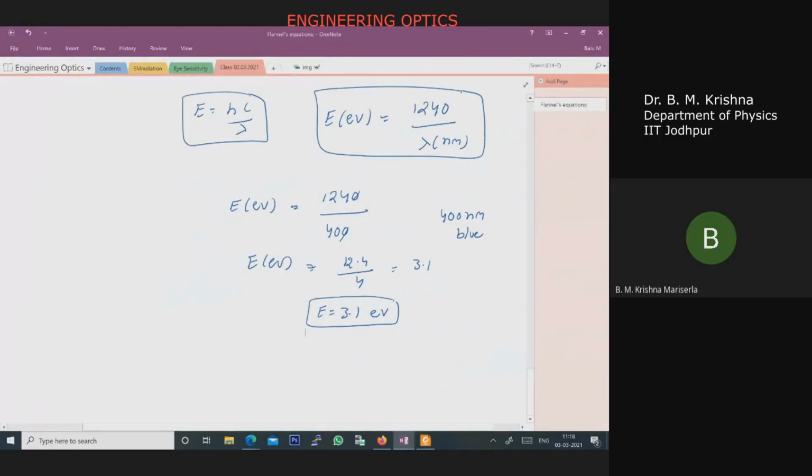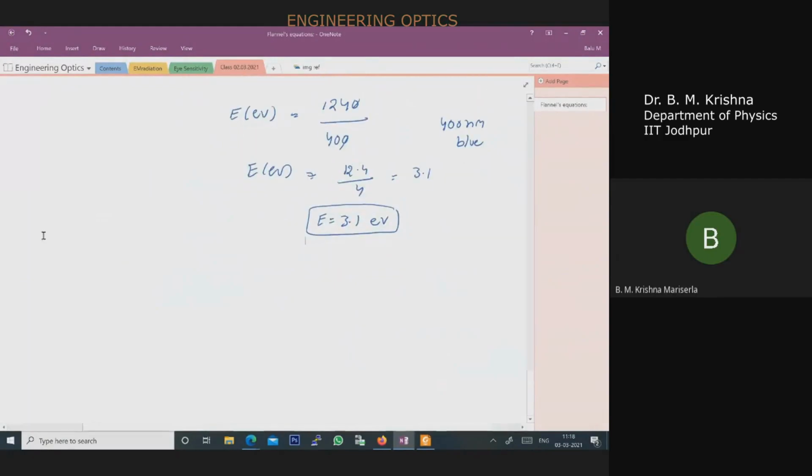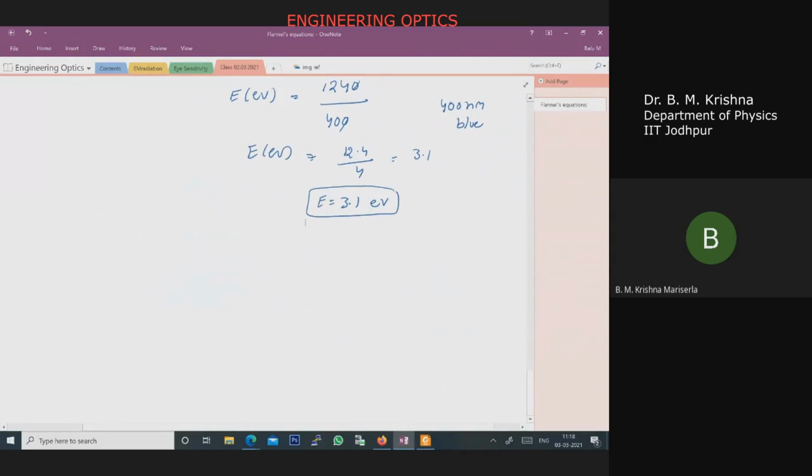Now we also discussed that a photon has momentum, right? Photons have energy, because these photons of the wavelength of 400 nanometer have energy. When they have energy and some velocity, they should have momentum.